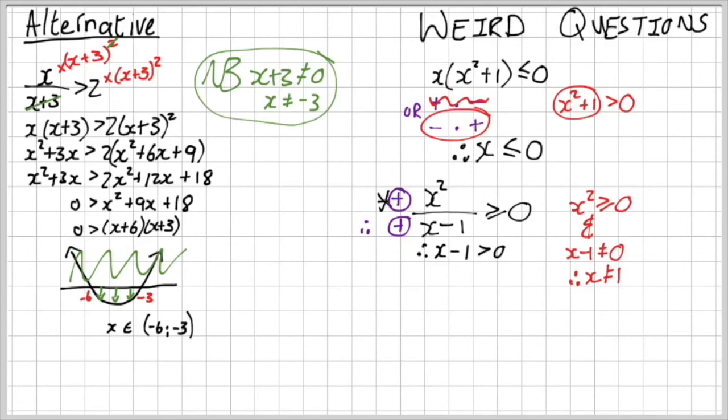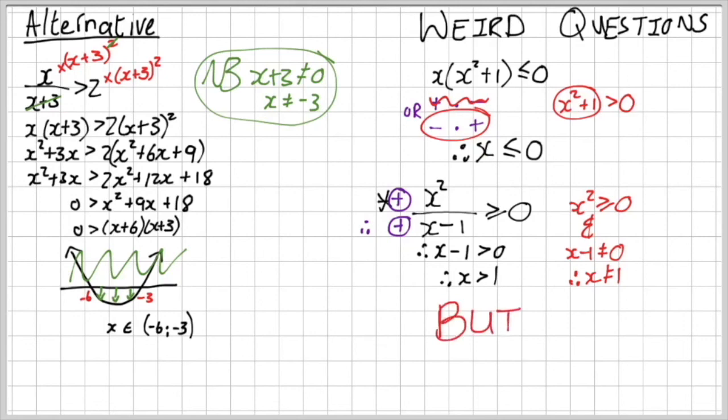I don't include equal to 0 because x may not be equal to 1. That's a restriction. But now x is bigger than 1. Most of you would go, whoa, I'm done, sir. Not completely, ladies and gents, because there's a big but.